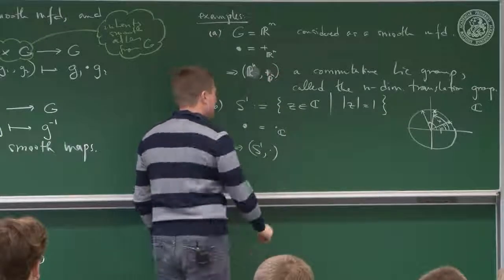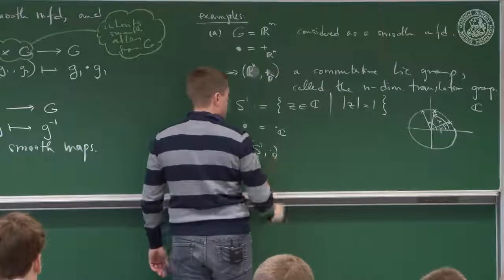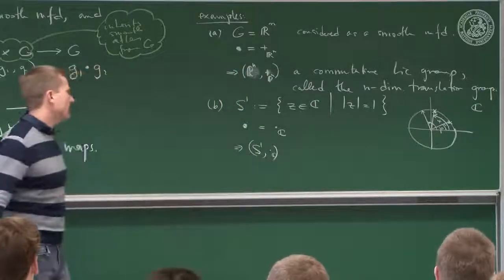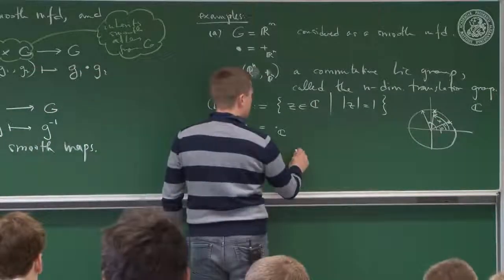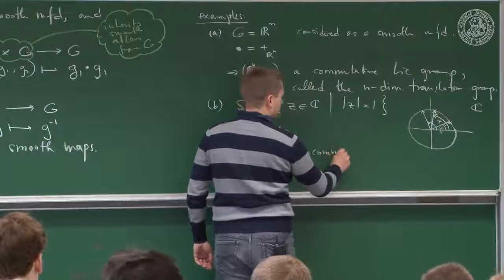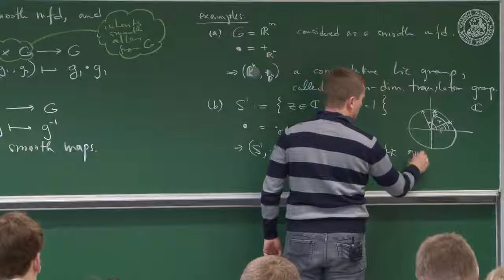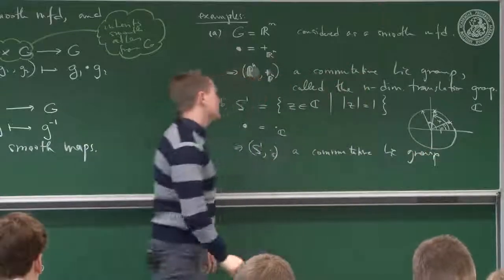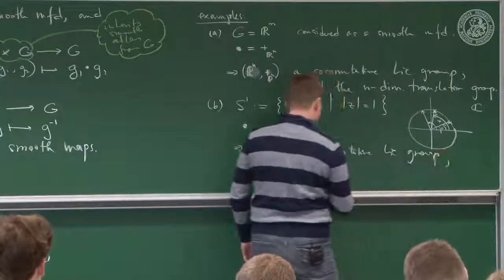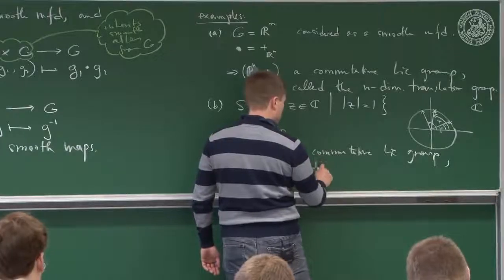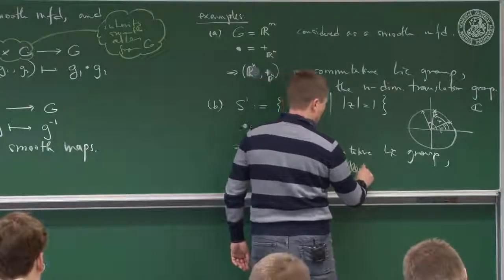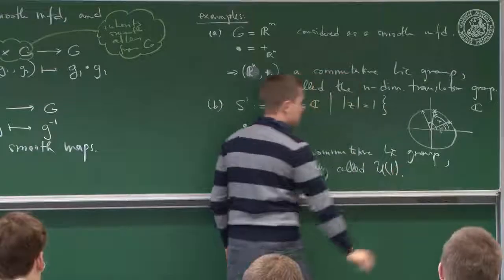And so it follows that Rn with its addition is the translation group, and S1, consider this subset of the complex plane together with the multiplication, is again a commutative Lie group, again the special case, and this is usually called U1. It's the U1 group.